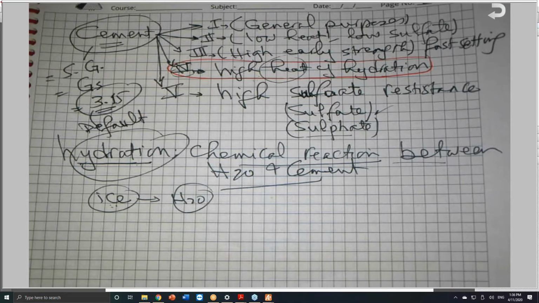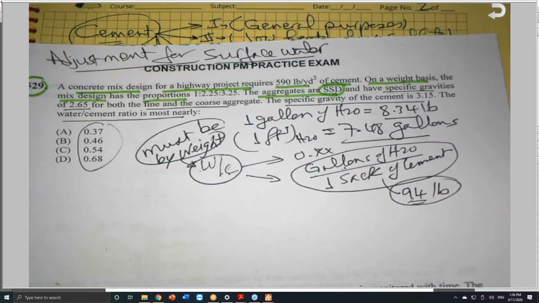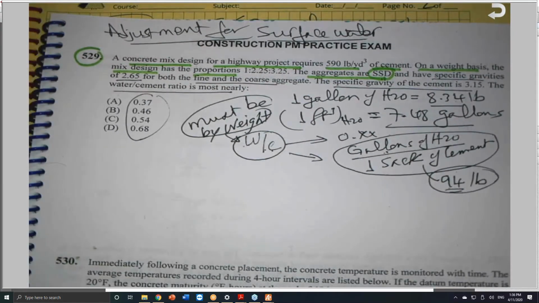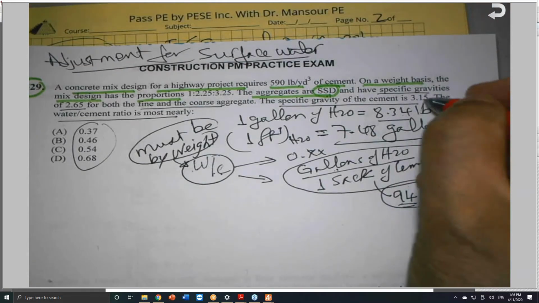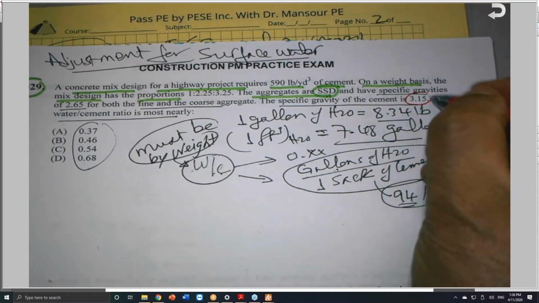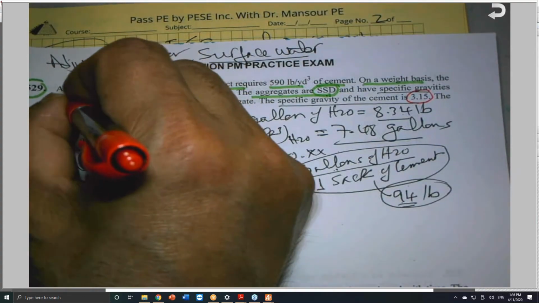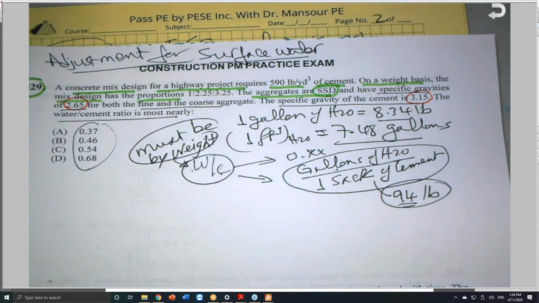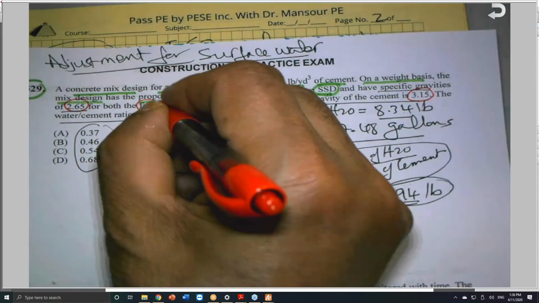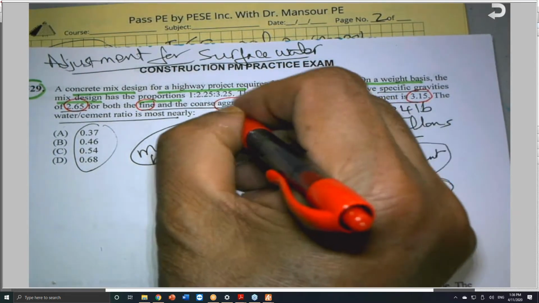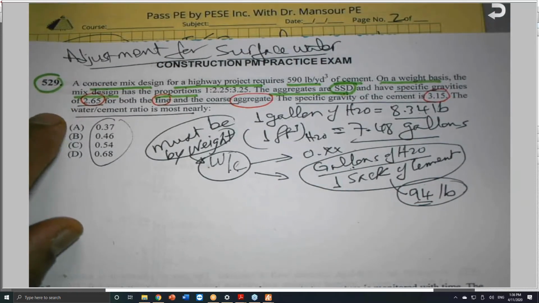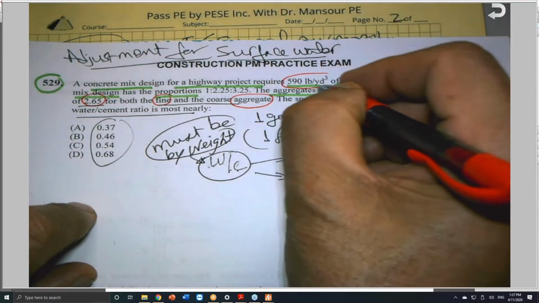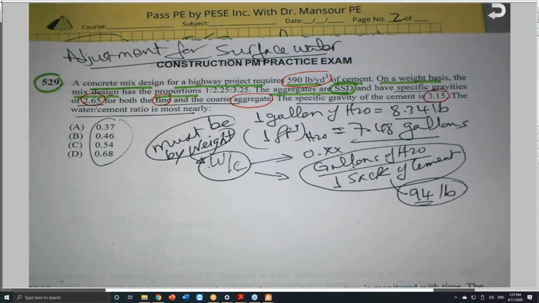So going back to the problem, I will go back again to the earthwork calculations. The specific gravity of cement is 3.15, I need you to remember that. The specific gravity for coarse and fine aggregates is different. They are not always constant, but in this neighborhood, 2.6, 2.65. Here, this is 590 pounds per cubic yard of cement.